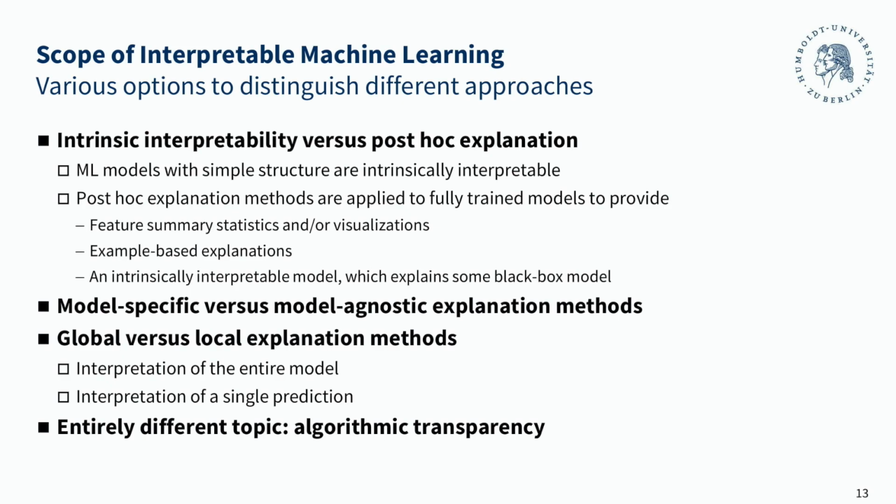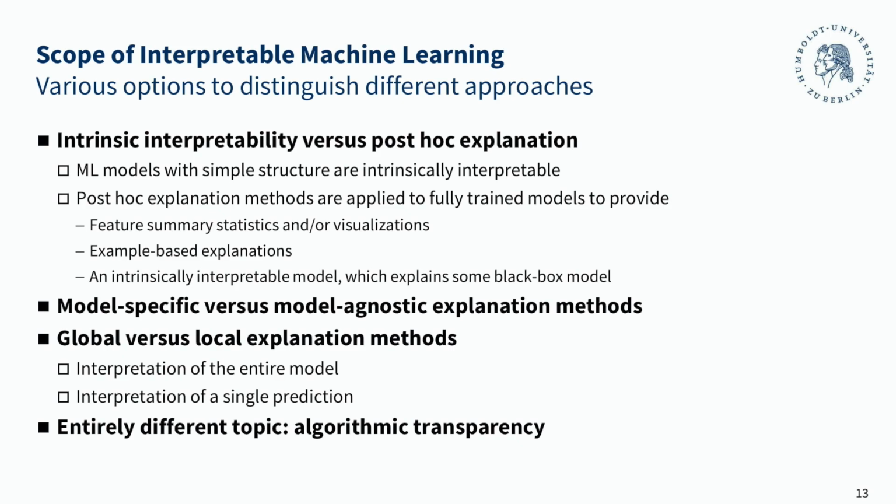There are also machine learning models, so definitely there are many techniques that are intrinsically interpretable, where we have no problem whatsoever. And we can distinguish these from auxiliary techniques, post hoc explanation methods, which we apply to a fully grown black box model and then try to dig into that black box model and understand what it is doing. So these two branches can be distinguished. That's one thing.